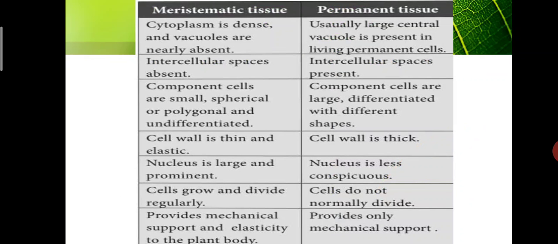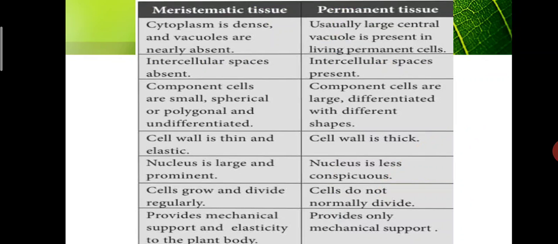Finally, we are going to see the difference between meristematic tissue and permanent tissue. In meristematic tissue, cytoplasm is very dense and vacuoles are nearly absent. In permanent tissues, a large central vacuole is present in living permanent cells.